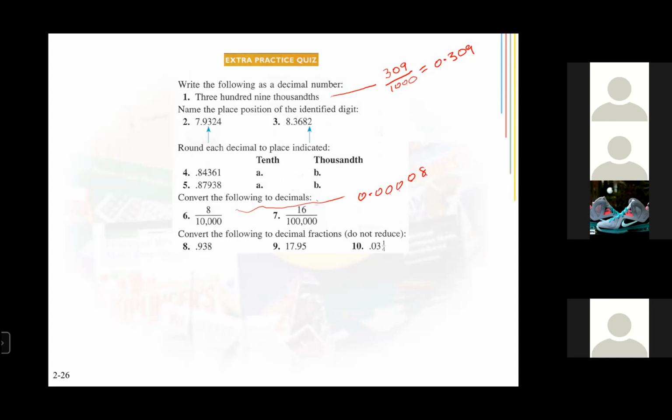You have 5 places, but you only have 4 zeros in the denominator. Wait, hold on, it's 10,000. My bad. So it's 0.0008. You have 1, 2, 3, 4 places. Okay, let's look at the next one.